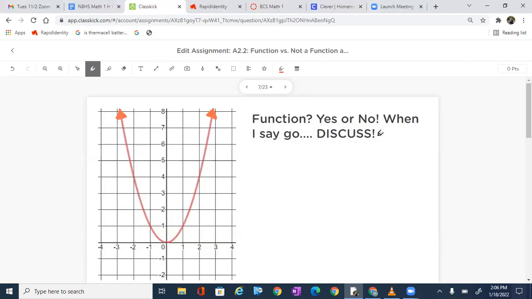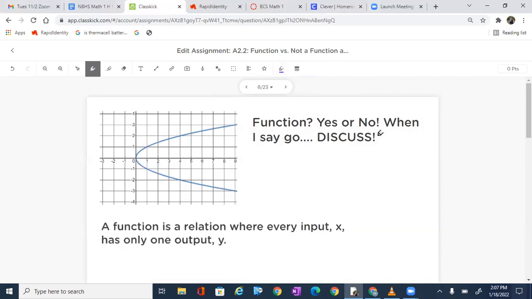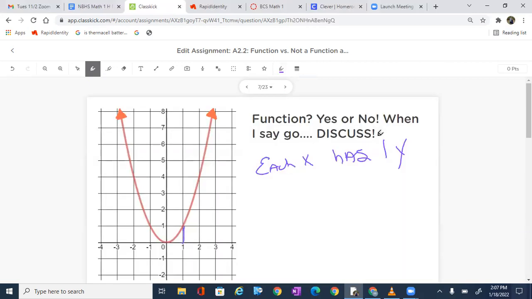Okay, let's keep on going. We go to screen number 7 here. It says function, yes or no. What we need to know is each x has one y. So let's check that out. If I go to this x, it has an answer. If I go to this x, it has an answer.